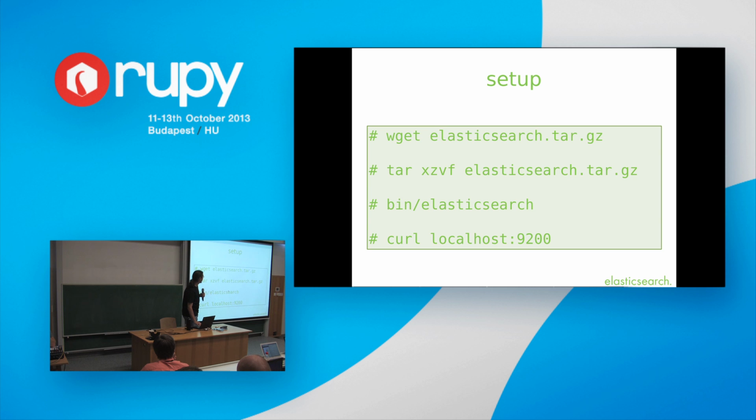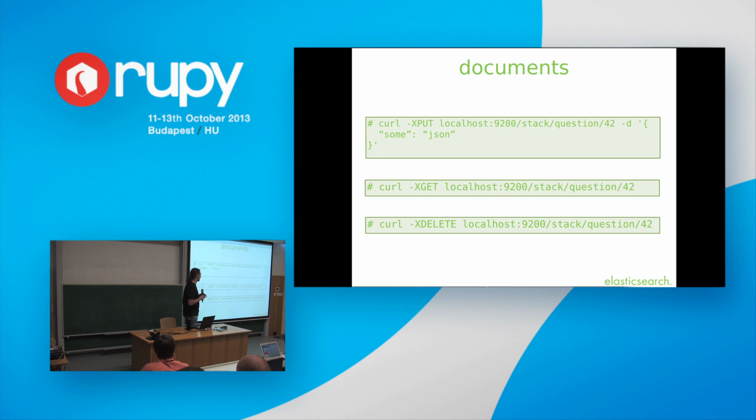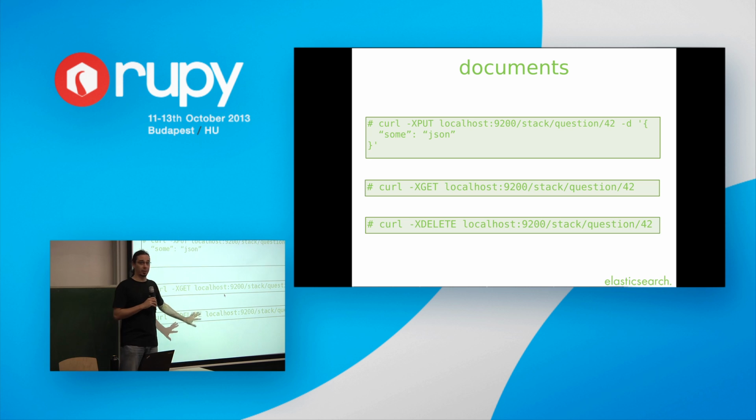So once you have it running, what can you actually do? The first thing, you put data in, you get data out, you can delete data, you can update data. You can basically treat it a little bit as a document store. You just put in any JSON, it will automatically try to detect the data types for the individual fields and do the right thing. That's going to be a repetitive motive that we always try to do the right thing by default.